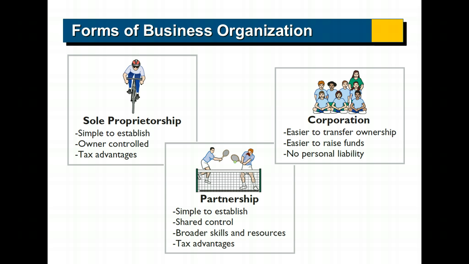Now, even though sole proprietorships make up about 80% of the businesses in the United States, corporations control, or their revenues are probably 80 to 90% of the business in the United States. Corporations are nice because the ownership of the corporation is generally separated from the people who run the corporation.